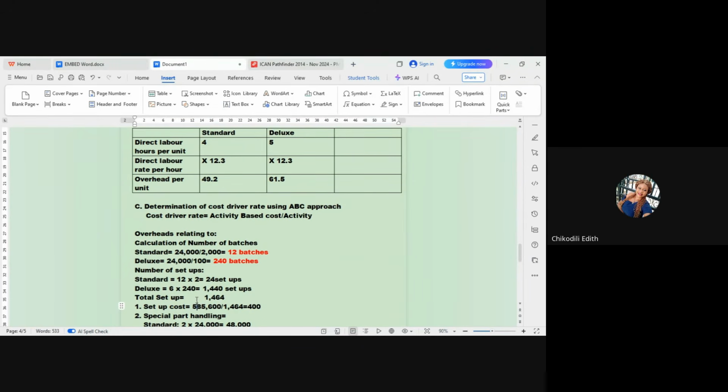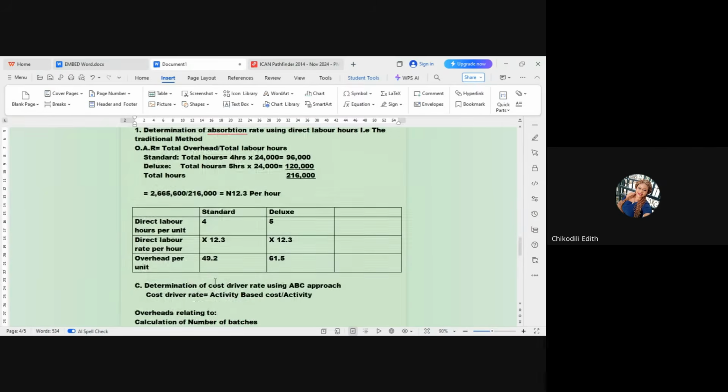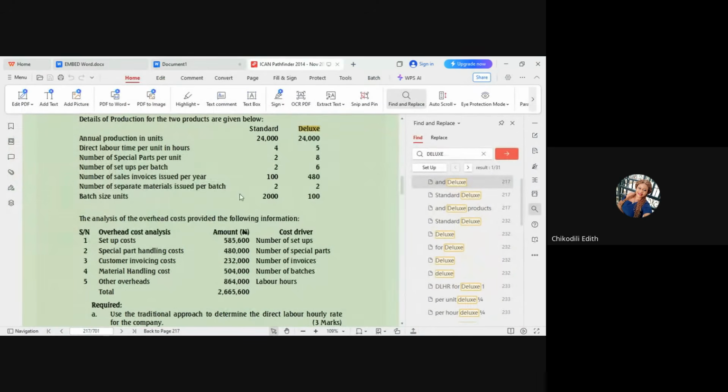Sir, please, I have a question on this setup. Yes, I'm with you. My network cut when you were working on it. I thought what we'll do is 2 plus 6 equals 8. We'll now divide it over the total overhead of setup, which is 585,600.